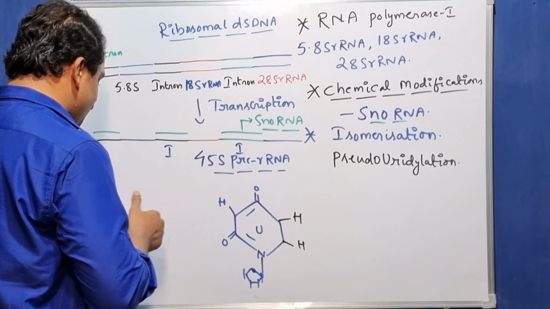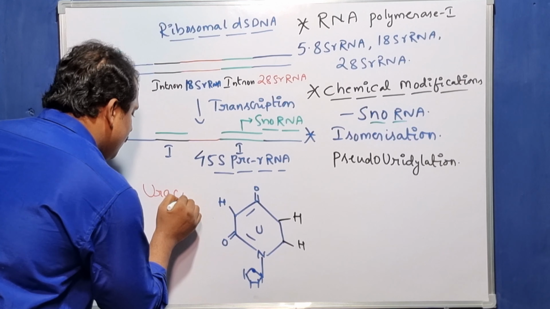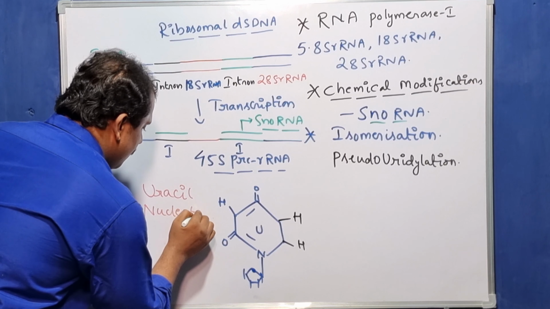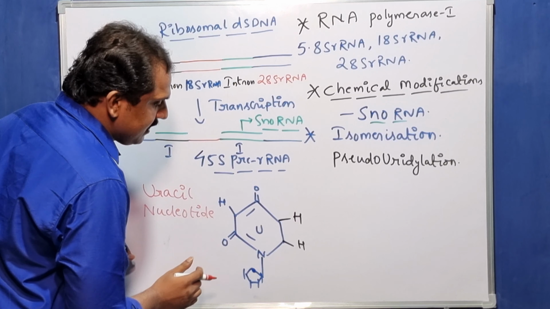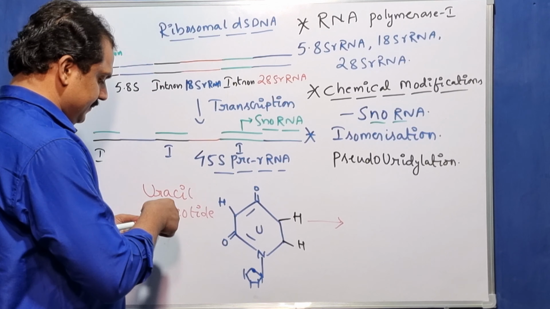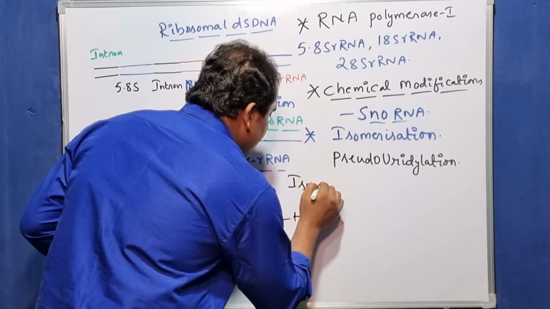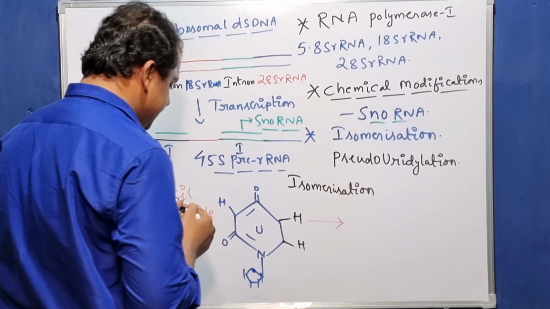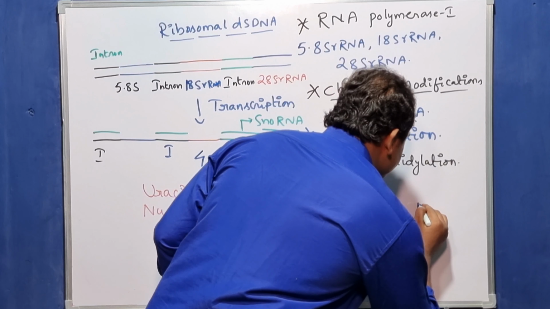So it is the uracil nucleotide, right? Is it clear? So once the specific uracil nucleotide undergoes isomerization, under such condition, the pseudouridine nucleotide is successfully formed. So let me print it here.